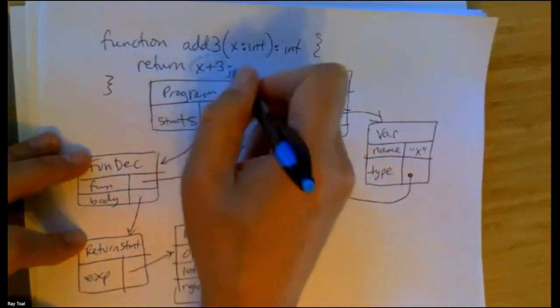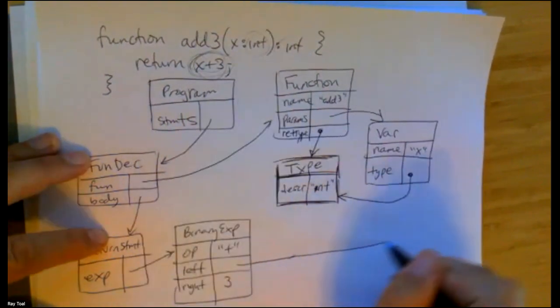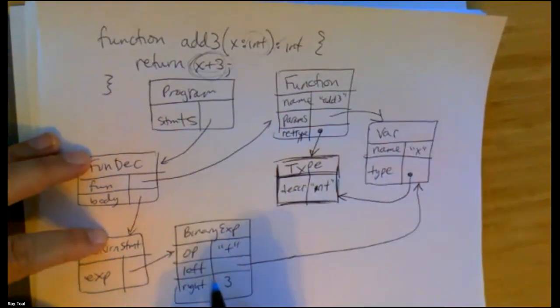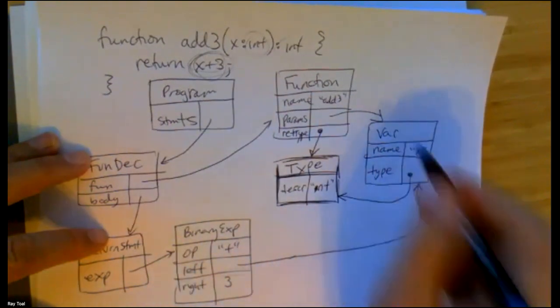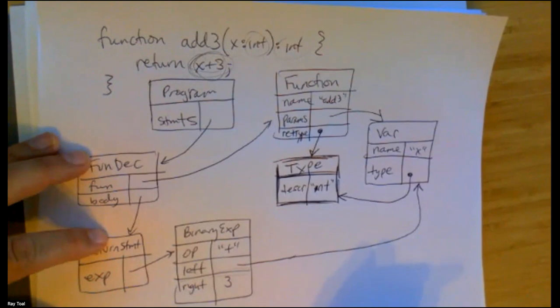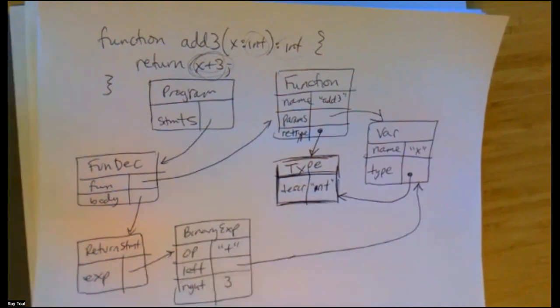And while we're at it, let's show that this x plus 3 is actually going to have its left operand be this variable here. And then we can use things like this to do our type checking and declared variable checking, parameter uniqueness checks, and all that other kind of stuff we have to do when we have semantic analysis.